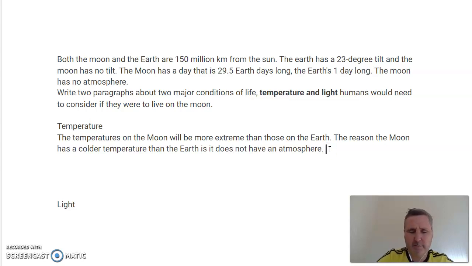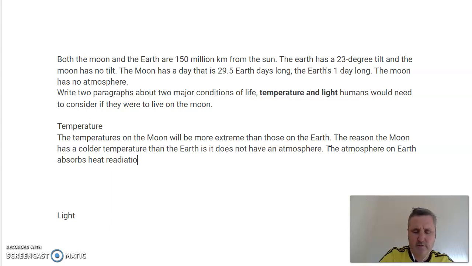But I want to explain this a bit further. So I'm going to say the atmosphere on Earth absorbs heat radiation that is given off by the Earth's surface.